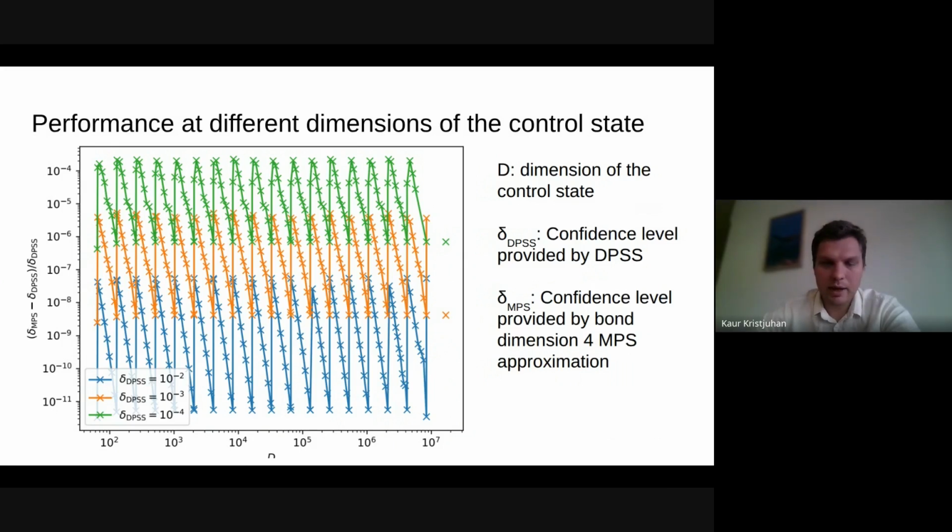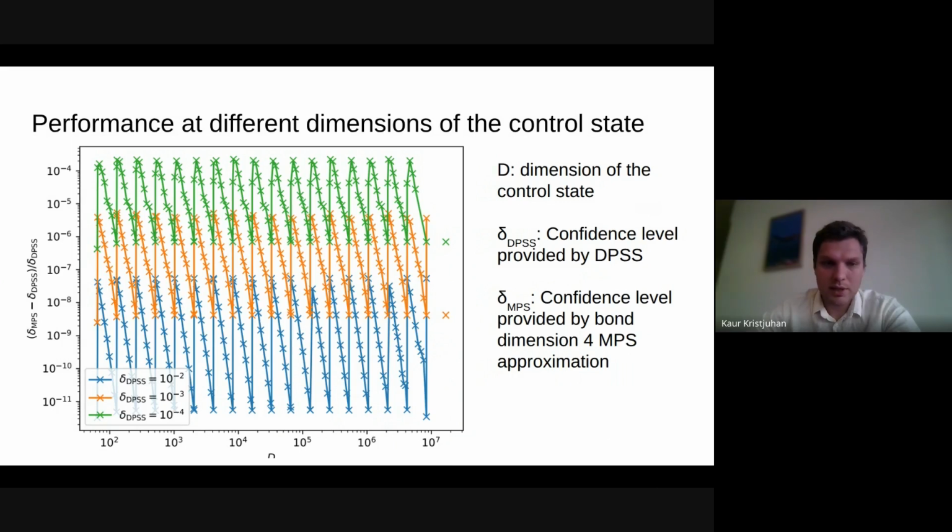The reason for this behavior is that the trick we use to extend the state, then shift it and chop it off, it seems the matrix product state is not as good at approximating that extension as it is at approximating the DPSS state on its own. So having more of those extra values decreases the quality of the approximation.